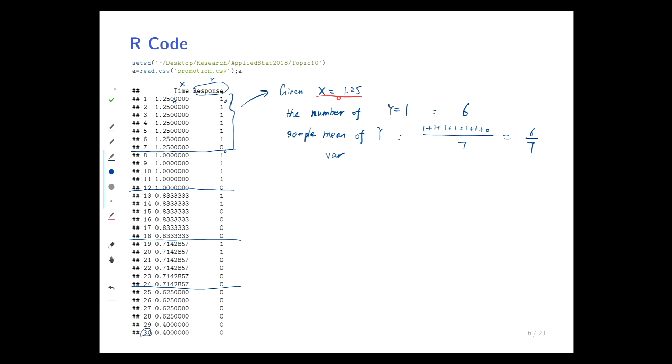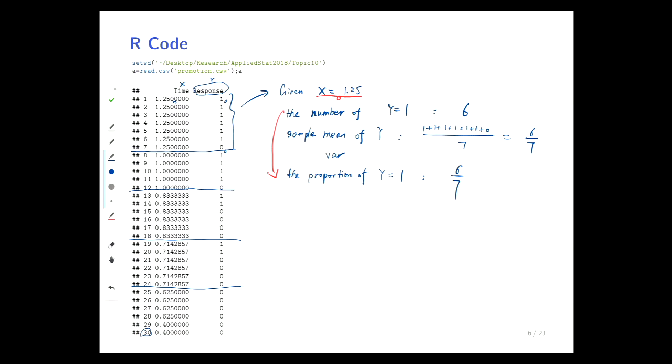And we can also compute something called the proportion of y equals 1. Because the number of y equals 1 is 6, and the total number is 7 in this specific case, the proportion just equals 6 divided by 7, right?